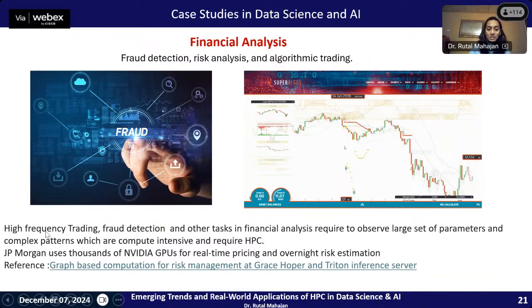In high frequency trading, credit or fraud detection, or other tasks in financial analysis, it requires observing a large set of parameters and complex patterns which are compute intensive, which requires HPC. Also, we need to get the results in a very timely and precise manner. So it requires HPC systems.